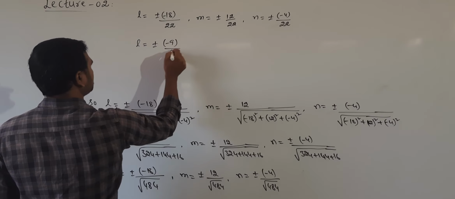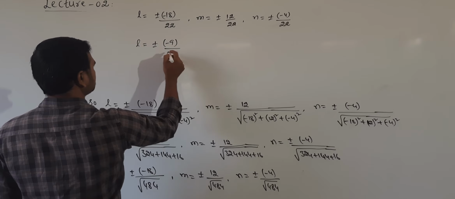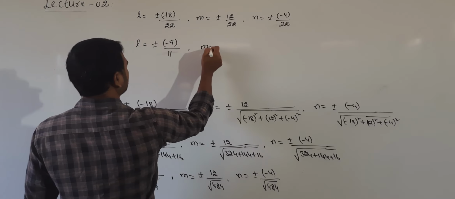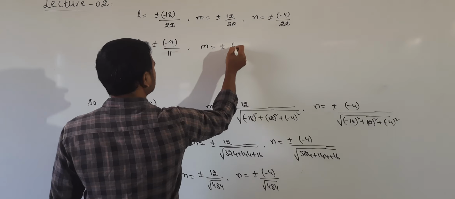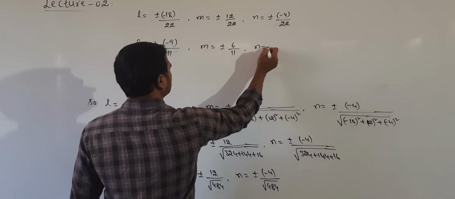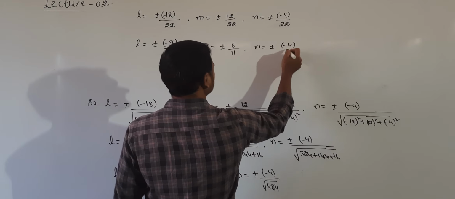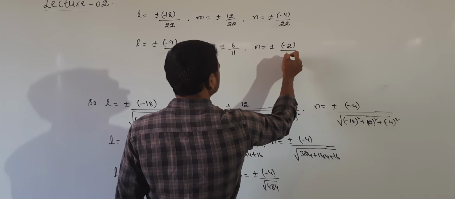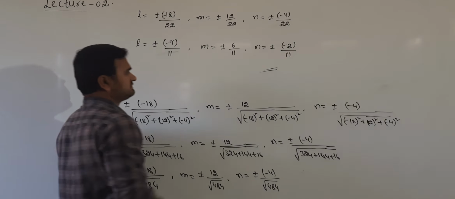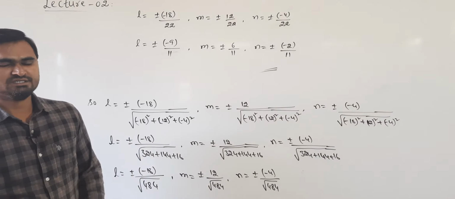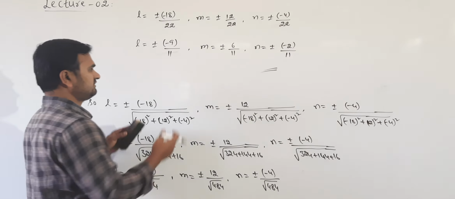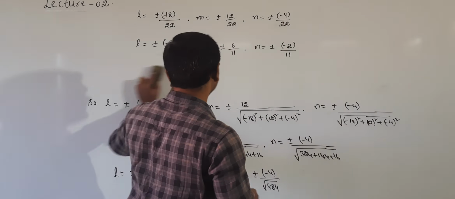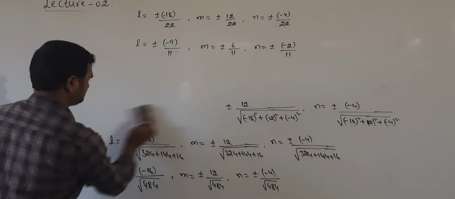L is minus 9 by 11, M is plus or minus 6 by 11, N is plus or minus minus 2 by 11. So these are the DCs of the line. Okay, if you want, you can take the plus ones and then the minus ones. We'll get two cases.